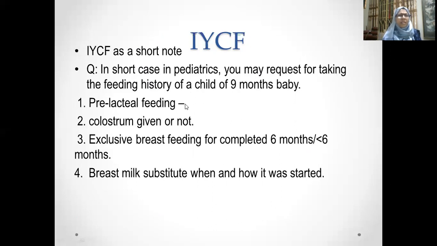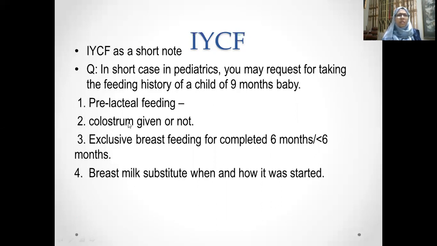If anything is given before giving the breast milk, that is before giving colostrum, it is called prelacteal feeding. In our country, different types of prelacteal feeding are given, like mustard oil, sugar water, honey water, but nowadays it is not practiced.